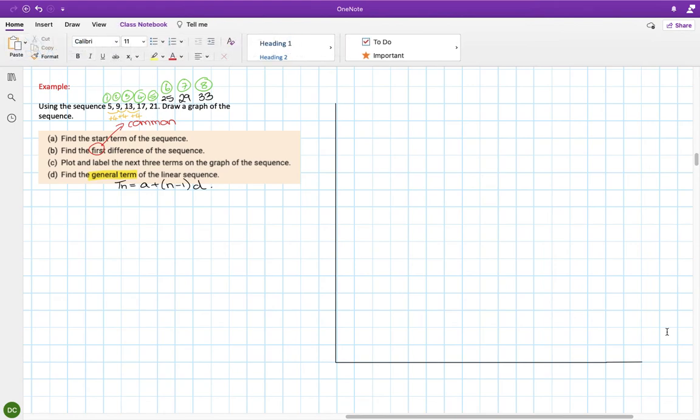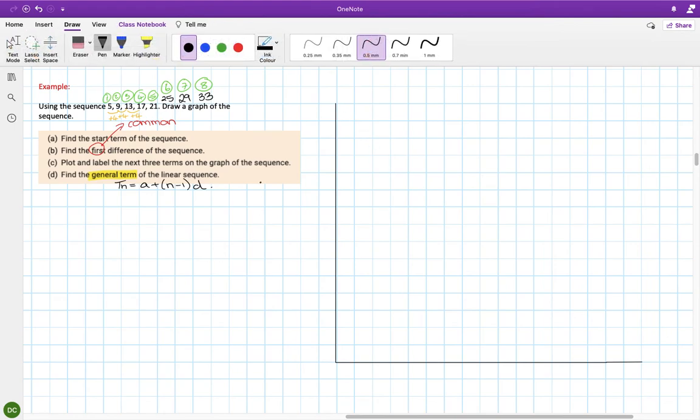Okay, it's not perfect, but it's close enough. Okay, so I think I'll be able to go 1, 2, 3, 4, 5. Okay, and these are my term numbers.